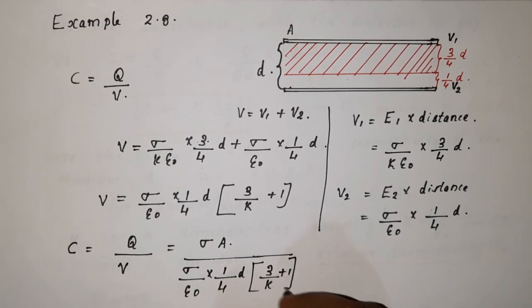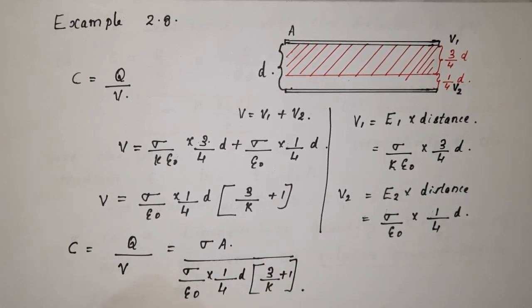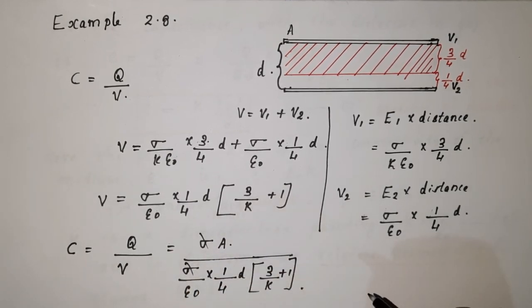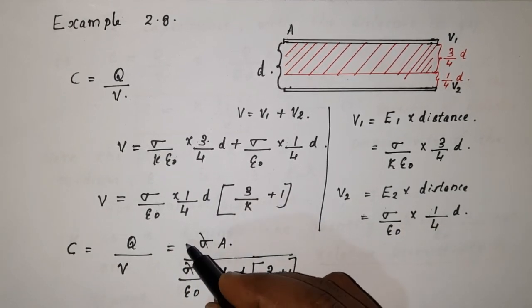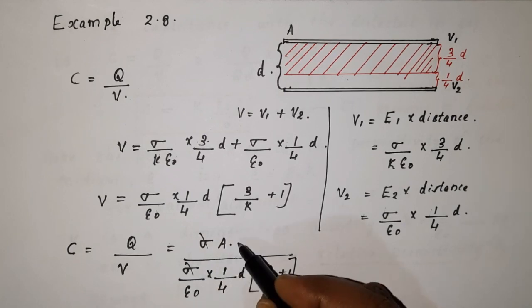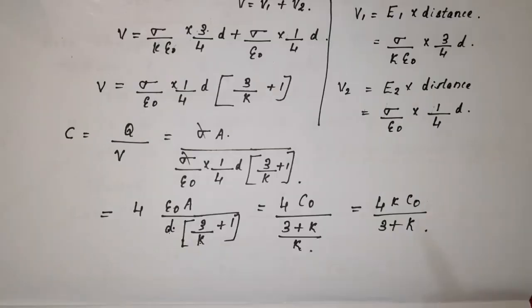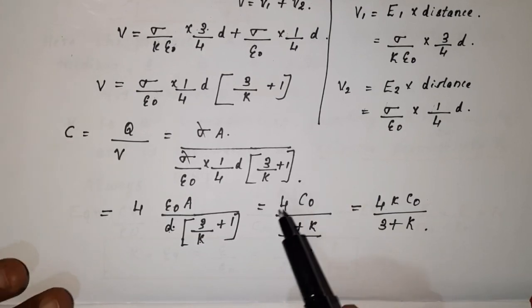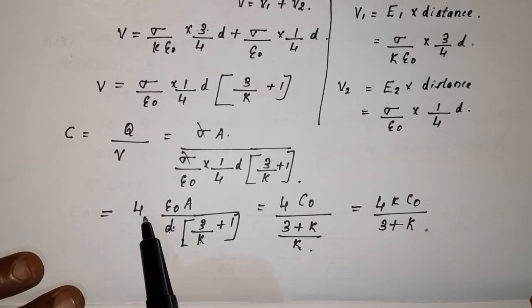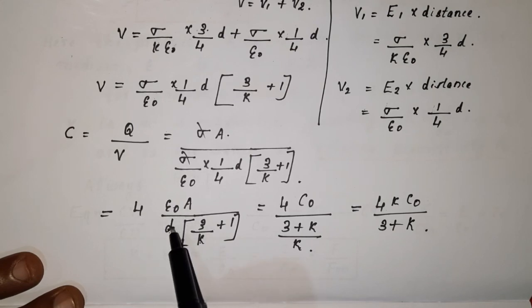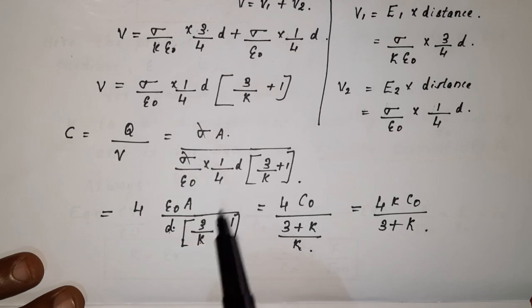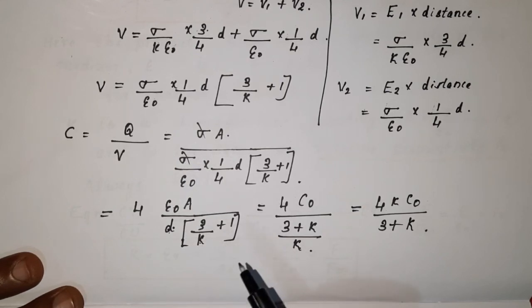Just a substitution. Now sigma and sigma get cancelled, and this 4 goes to the numerator, epsilon 0 also goes to the numerator. So we have 4 into epsilon 0 A by D, divided by 3 by K plus 1.